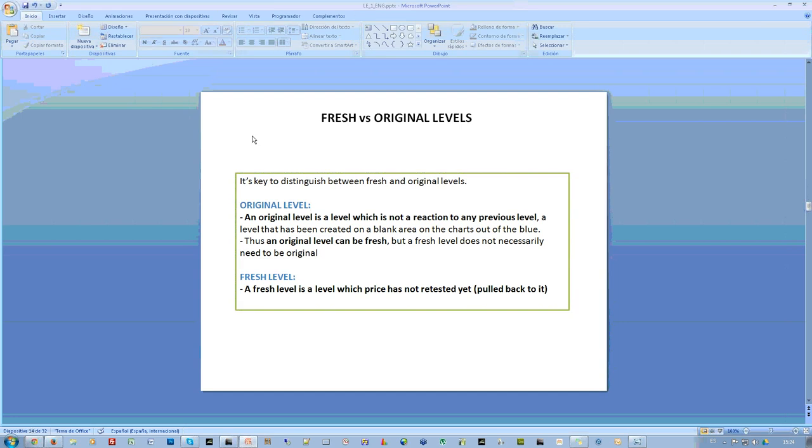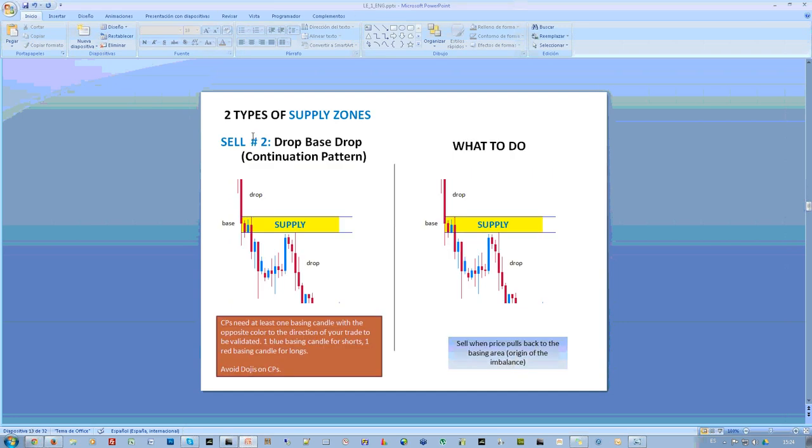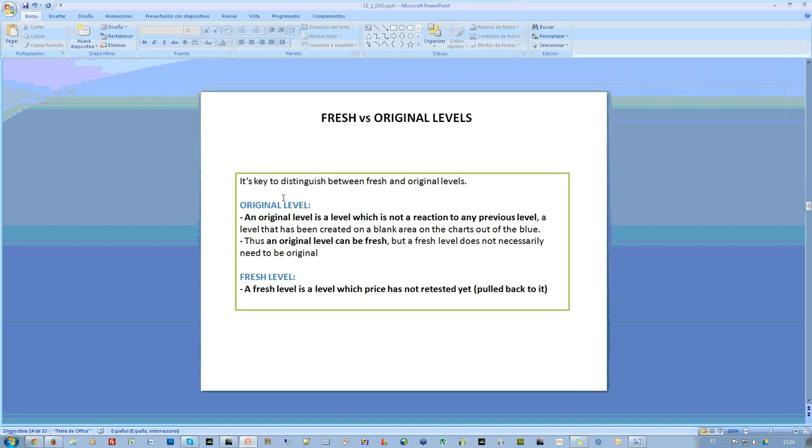Both the valleys and peaks and the continuation patterns can be either original or fresh. An original level is a level which is not a reaction to a previous level, a level that has been created on a blank area, on a white area on the chart, out of the blue. It is not a reaction to a previous level.